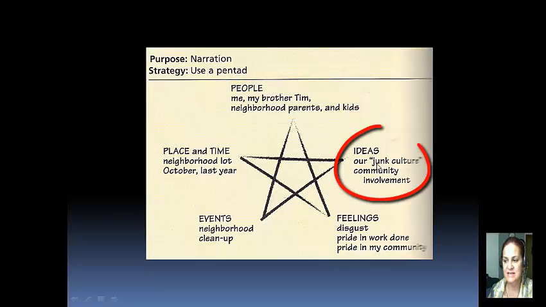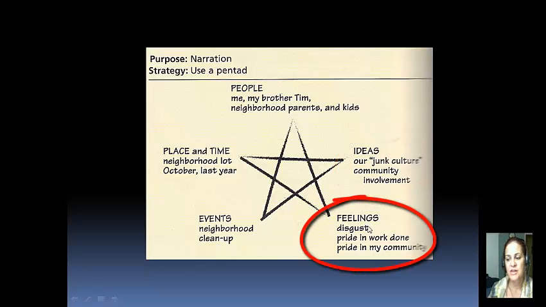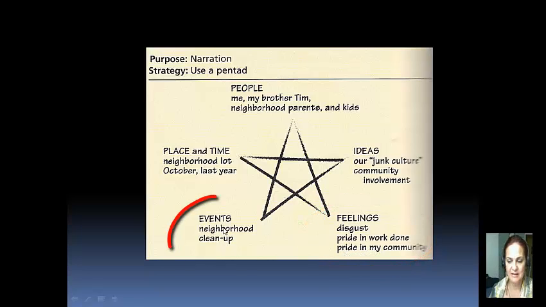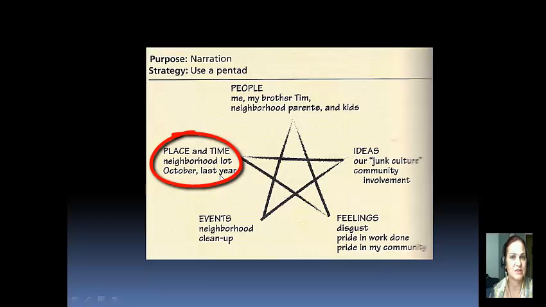Then they put ideas: junk culture, community involvement. The third one, they put down feelings: disgust, pride in work done, pride in the community. Then they put down events: neighborhood cleanup. And the last one, place and time: neighborhood lot, October last year. So the pin tag strategy lists five categories that are associated with the topic.